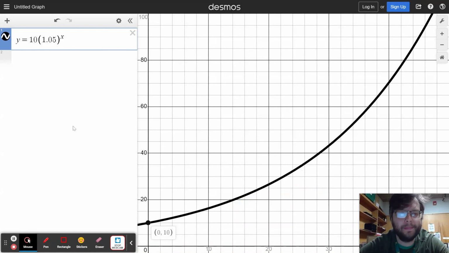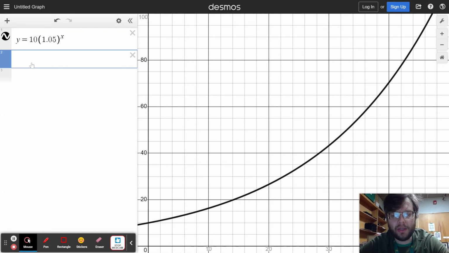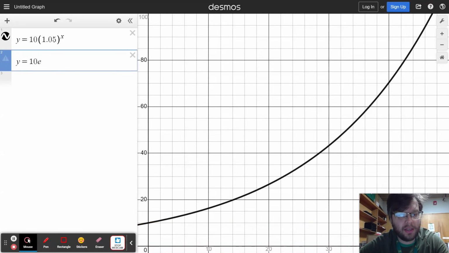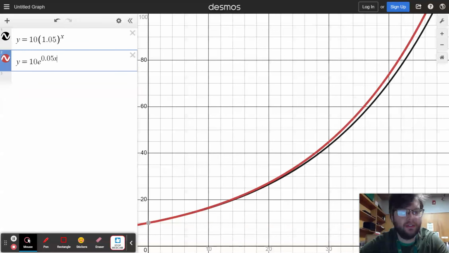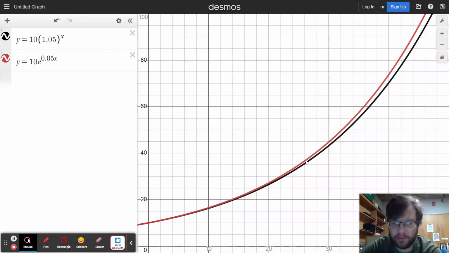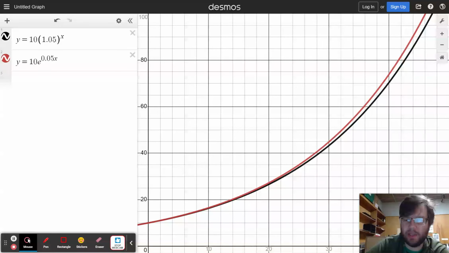This is very familiar. Well, it turns out you can model the same situation like this, 10e to the 0.05x. What I want you to notice is that the red curve and the black curve are pretty similar. The red curve is a little bit bigger than the black curve, but they both basically represent a 5% growth.